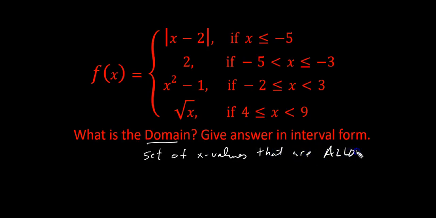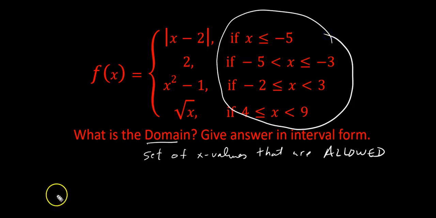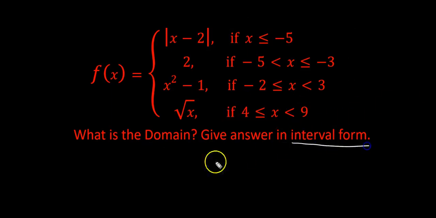So the x values that are allowed. Well, how can you tell what x values are allowed? You're told right here which x values are allowed. That is the domain. However, you've been told to give your answer in interval form. So I'm going to show you how to do that.